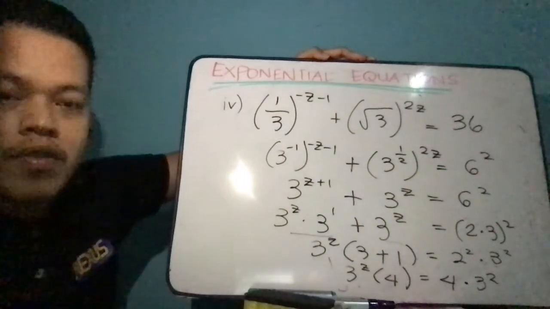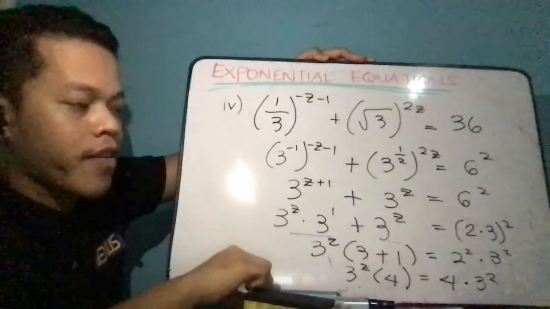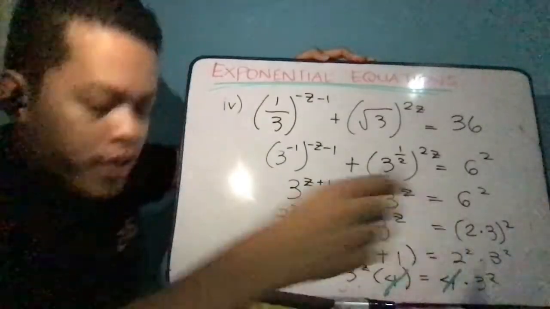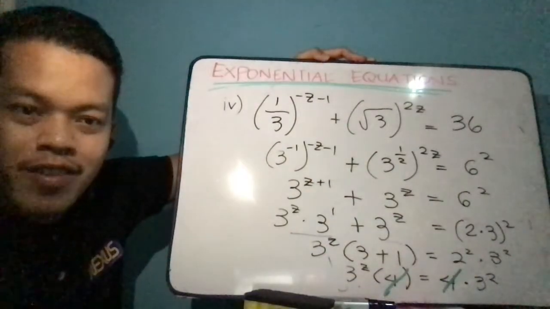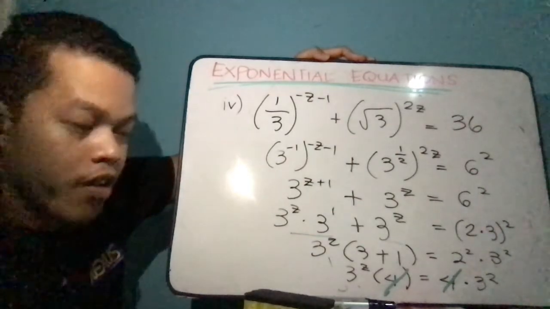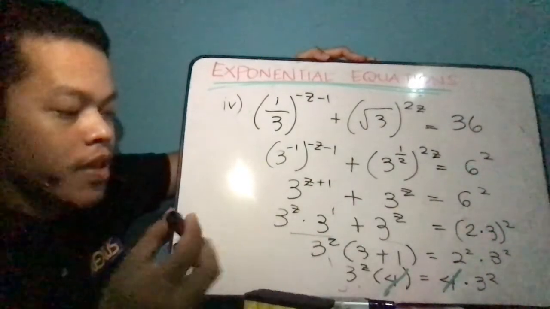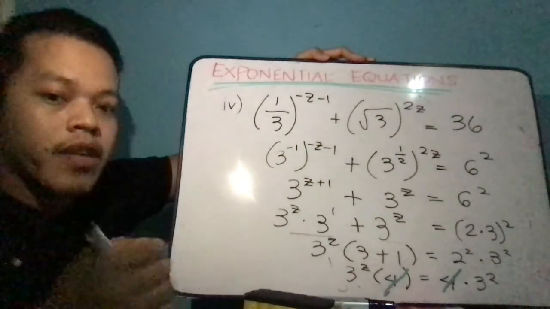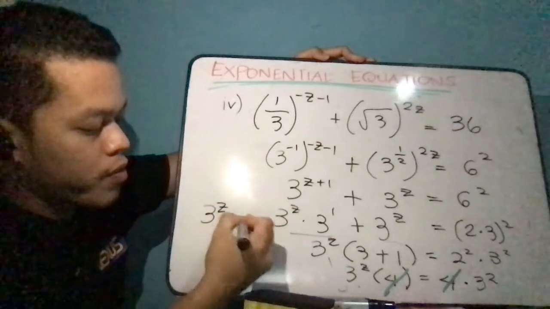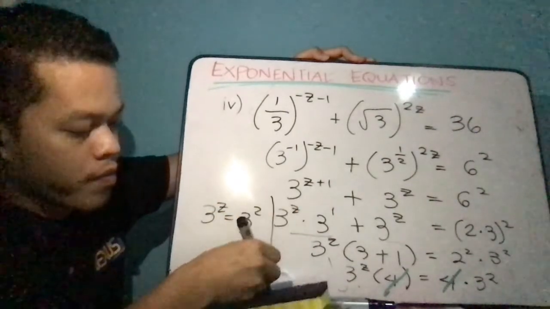What have you observed? We have 4 on this side and 4 on the other side, which means we can cancel out 4 here. Okay, so we divide both sides by 4. So that's multiplication property of equality. And since we have eliminated 4, then we can have 3 to the power of z equal to 3 squared.